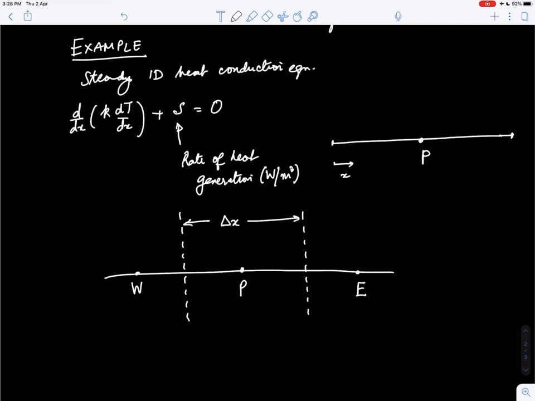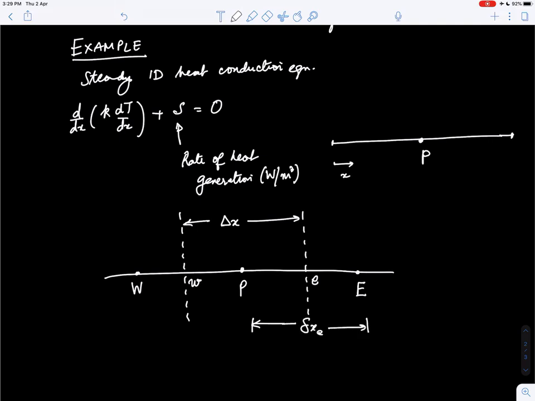This volume has a width of delta x. We typically label the faces by small alphabets. Small w becomes the interface of the control volume to the left. Small e becomes the face to the control volume to the right. When we go to 2D, small n will become the face on the top, and small s will become the face on the south. We can also write the distances between the grid points.